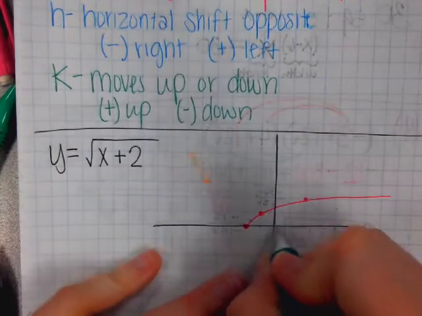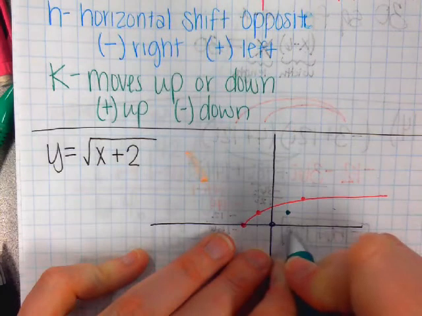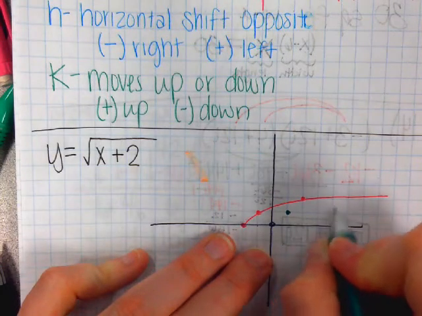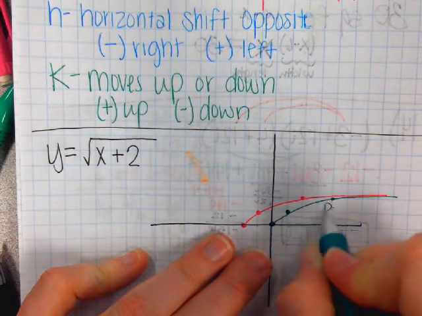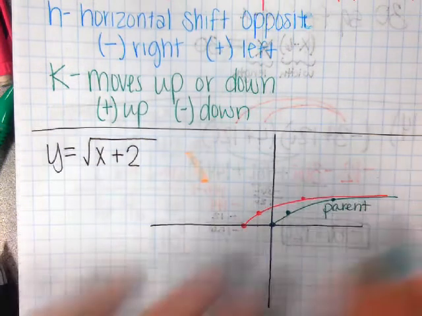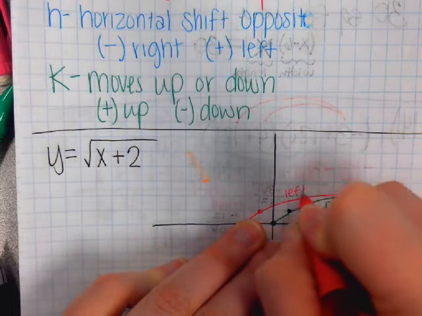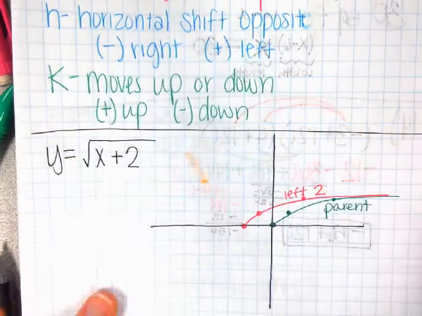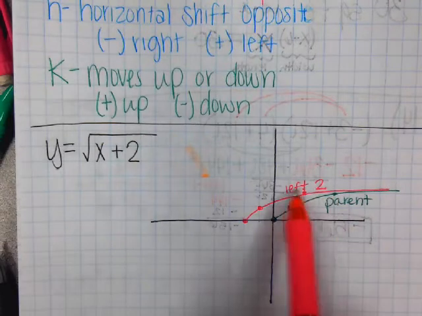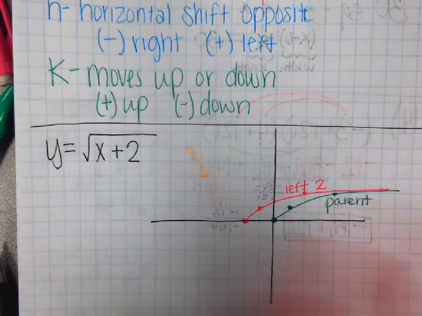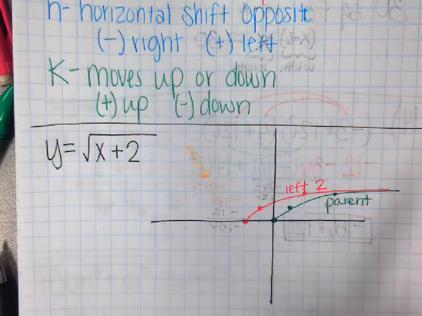The parent function is at 0, 0, 1, 1, and 4, 2. So that's the parent. And then this one is left 2. So anytime it talks about the description, it's talking about how you moved it. Use words to tell me how it moved.